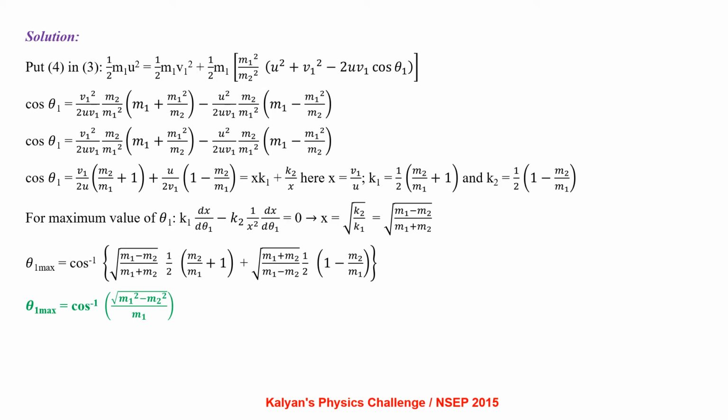Substituting this value of x, we get theta 1 max equal to cos inverse of root of m1 minus m2 by m1 plus m2 times half of m2 by m1 plus 1 plus root of m1 plus m2 by m1 minus m2 times half of 1 minus m2 by m1, which is ultimately cos inverse root of m1 square minus m2 square by m1. So the maximum angle through which the first object deflects depends only on masses of the two objects.